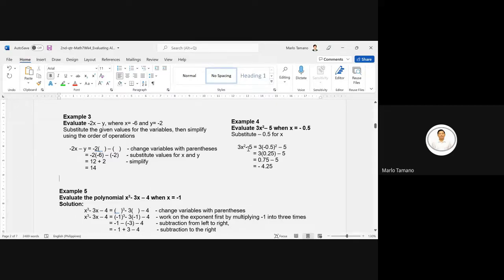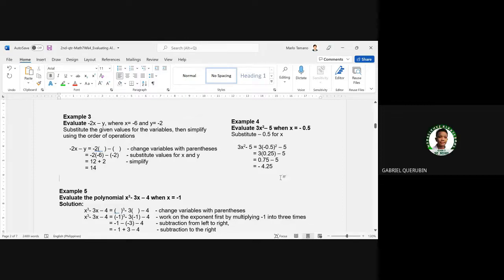Then 3x squared minus 5 is equal to 3 times negative 0.5 squared minus 5. So, negative 0.5 times negative 0.5, anong product niyan? 0.25.